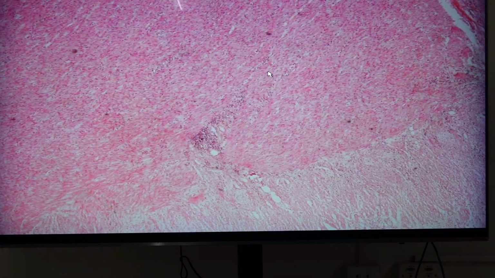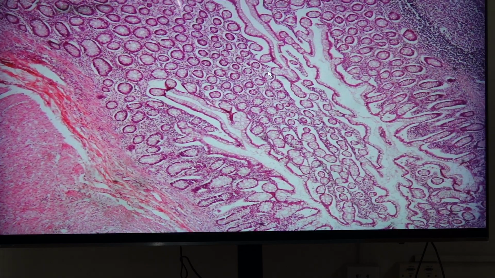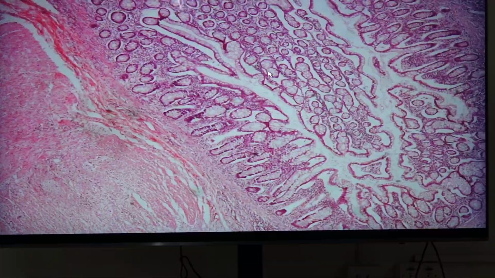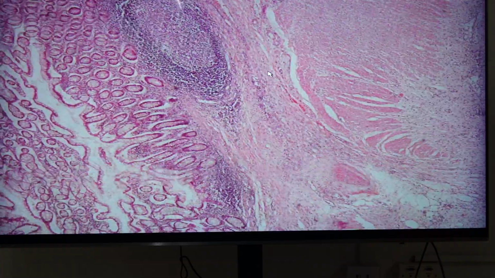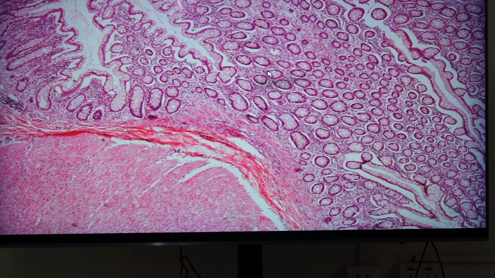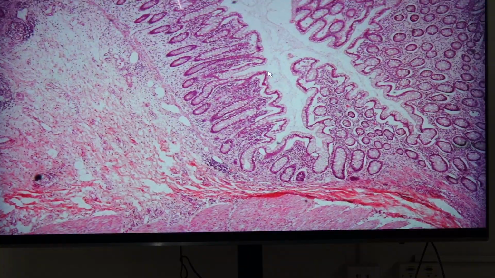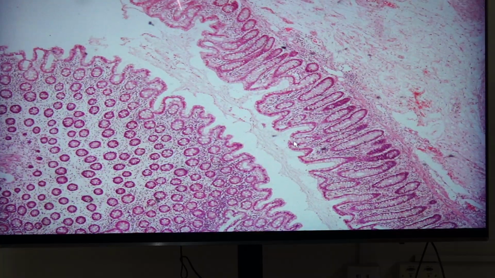So as you can see, we would identify the presence of the longitudinal and circular fibers, and then in this portion there is the attenuation or absence of the portion of the muscularis layer, and this is replaced, or this would contain the mucosa and submucosa, and this is the outpouching.